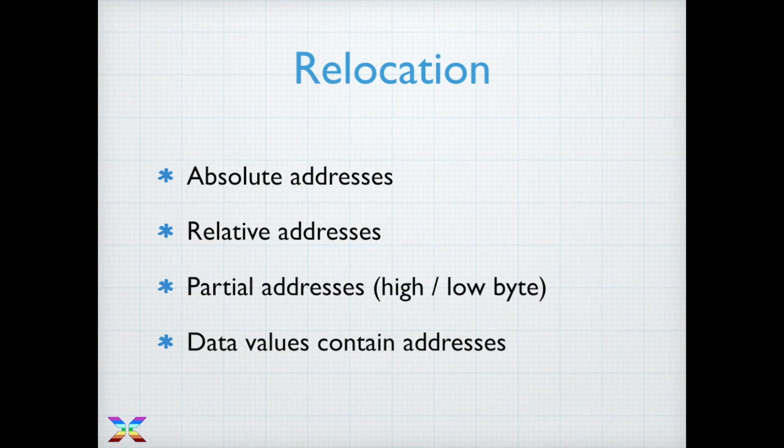Another is relative addresses, like you might find on the branch. Then partial addresses: because this is an 8-bit machine, I can't load a 16-bit address all at once. I have to break it up. Those partial addresses can become invalid. And finally, I could have data tables with addresses in them. All of these problems need to be fixed during the process of editing.